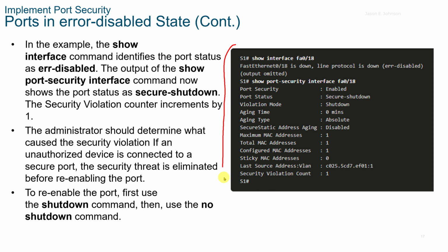In the example, the show interface command shows the port status as error-disabled, and the output of the show port-security interface command now shows the port status as secure-shutdown, and the security violation counter increments by 1. And the admin should determine what caused the security violation. If an unauthorized device is connected to a secure port, the security threat should be eliminated before re-enabling that port. And then to re-enable it, you just use the shutdown command and then use the no shutdown command.